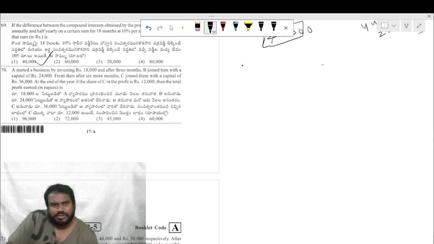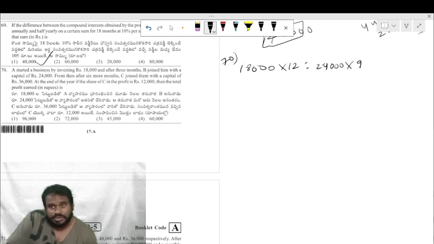So A is there for how much time? 18,000 for 12 months. And B joined with a capital of 24,000, he joined after 3 months, so he will be there for 9 months only out of the year.